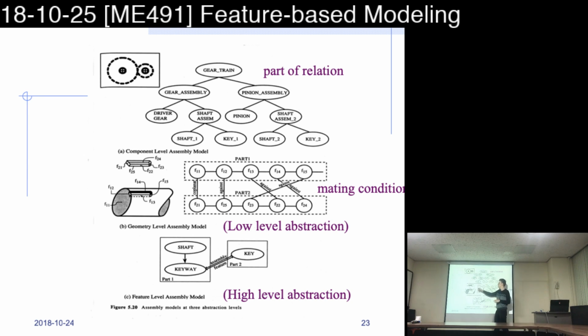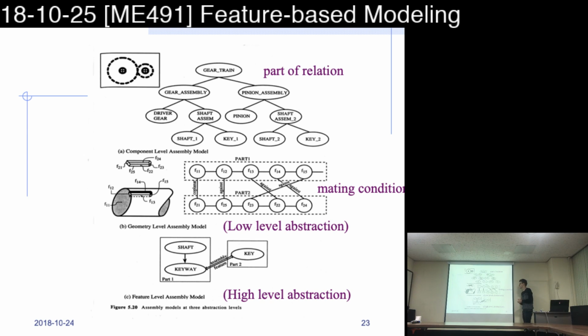For instance, we have these two parts, and if we want to assemble them in this model, we would have to put this part, this plane, against this plane, another plane against another plane. So that's quite tedious, and that's a low level of abstraction because you have to have a lot of inputs.